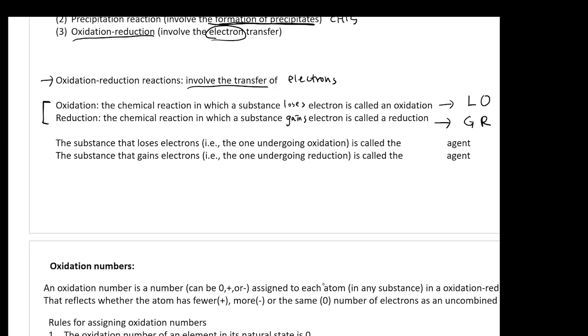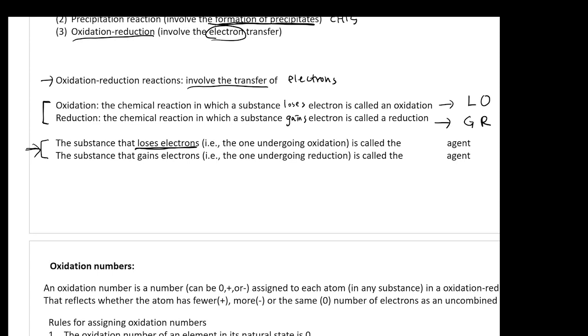Another thing that is going to be very confusing is that you are going to hear the terms oxidant or reductant, or oxidation reagent or reduction reagent. This is actually the opposite of the oxidation and the reduction. So we're going to talk about a very confusing term here. If you have a substance that lost electrons, that means it undergoes an oxidation reaction.